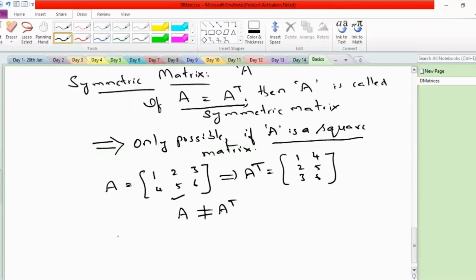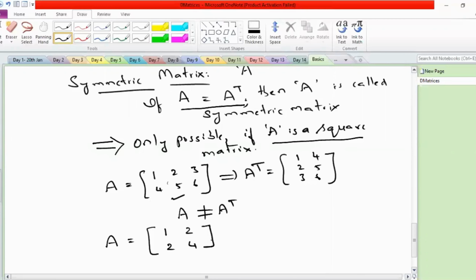Okay. Now, let's say you have A. First of all, this itself is not a square matrix because this is 2 rows, 3 columns. So a square matrix is nothing but M equals N. That means it should be 3 by 3 or 2 by 2. Let's say you have a matrix like this: 1, 2, 2, 4.